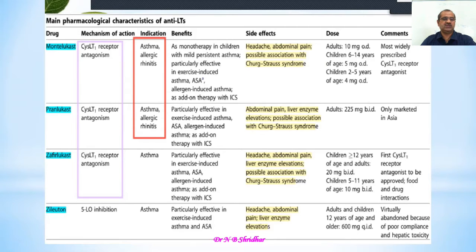So montelukast sodium, whereas pranlukast also has similar properties to montelukast sodium, and the side effects and benefits are very similar: allergy-induced asthma and effective in case of varieties of asthma.